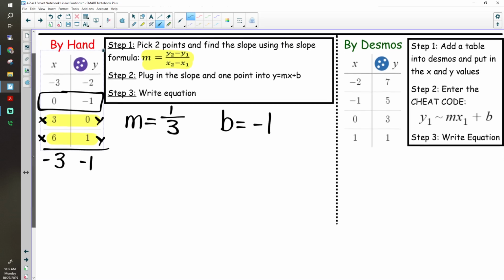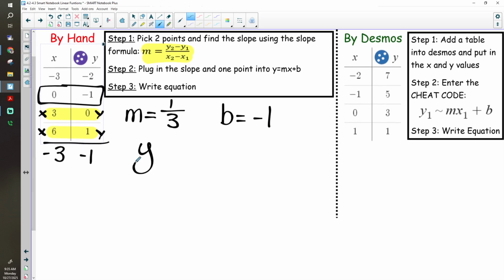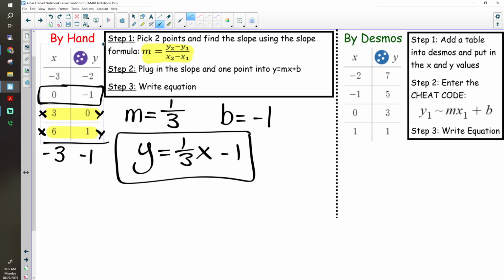The equation of this line is y equals 1/3 x minus 1. That's the equation of the line, and we did it by hand, just by using our table. We found our slope by subtracting our 2 points. We found the y-intercept by finding which point has an x value of 0. We plug in m, plug in b, done.